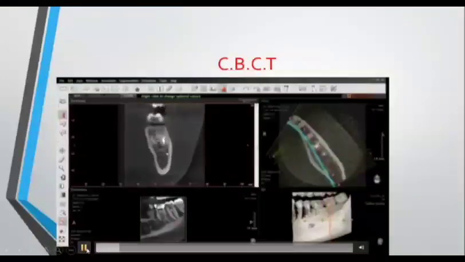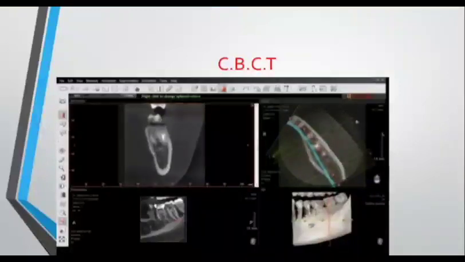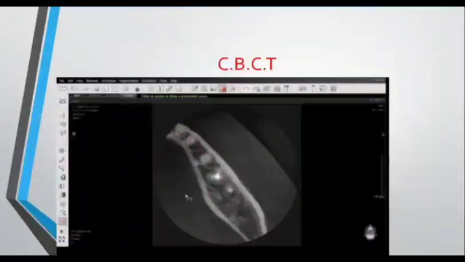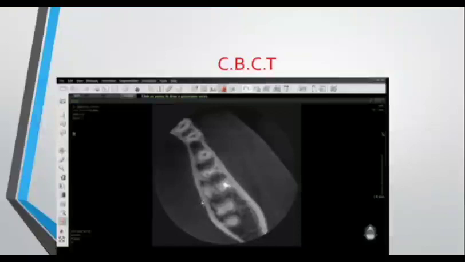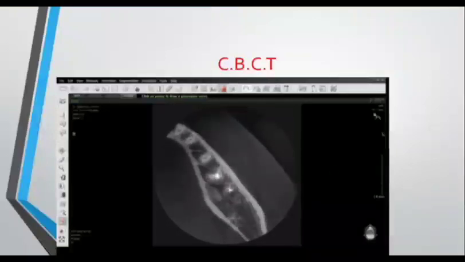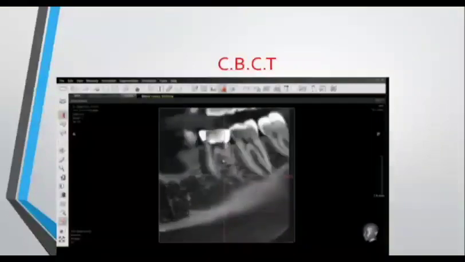As we can see here, the Radix Entomolaris is larger than the previous case, with curvature in the coronal third and in the apical third. Here is another view at the CBCT, and here we can see it clearly.